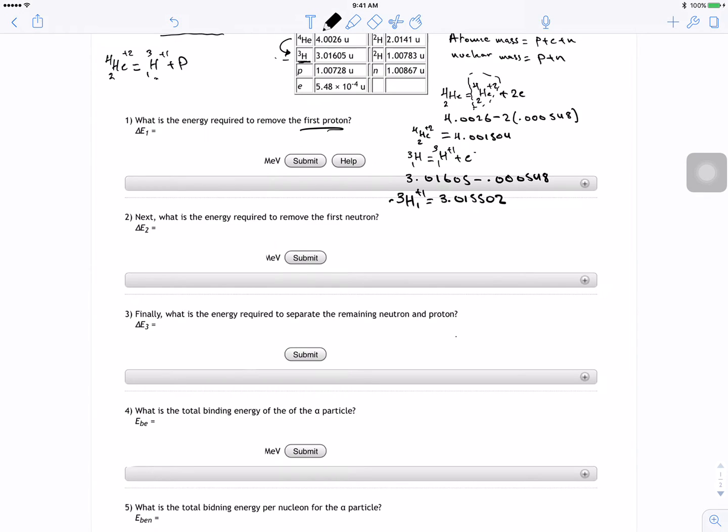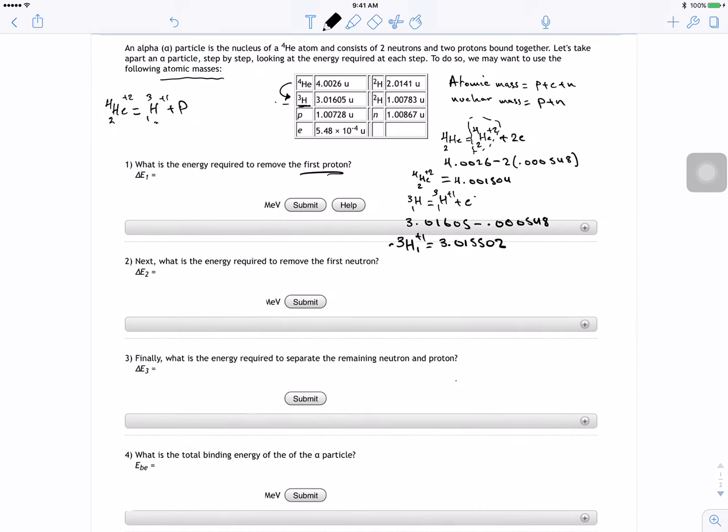From here we can find the mass, since we know the mass of the proton. Let me plug this in here.